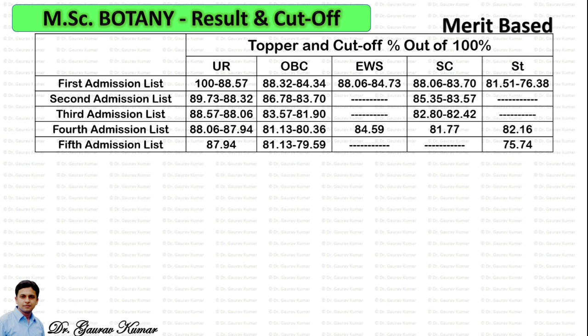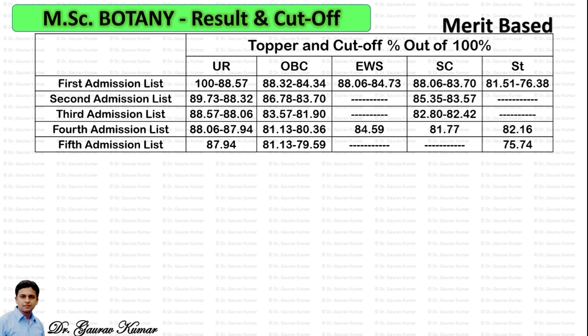So you can estimate whatever CGPA you have got till the 5th semester, if you are an appearing candidate, and estimate your performance on the basis of your 6th semester. So this was the cutoff for the merit based in MSc Botany. Again, you can take a screenshot so that you can have a record of all other cutoffs if you belong to the OBC, EWS, SC and ST category.